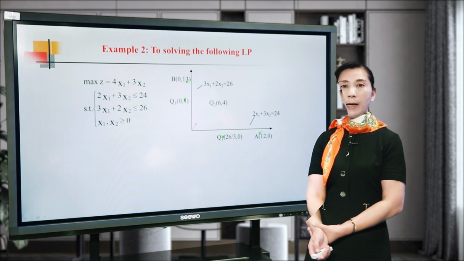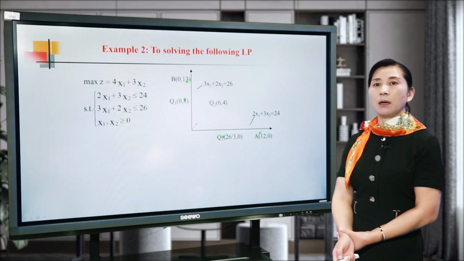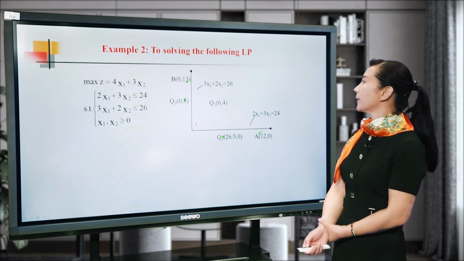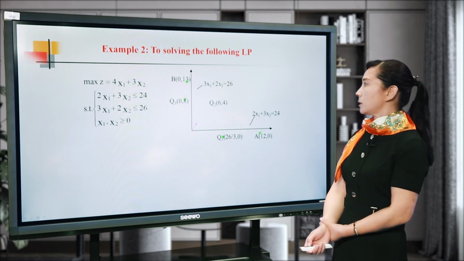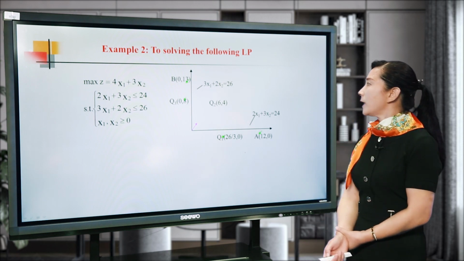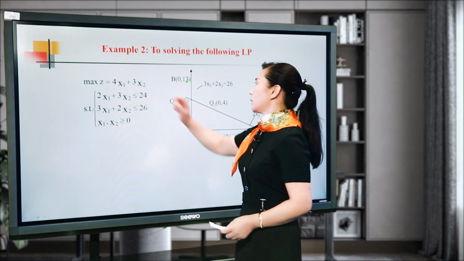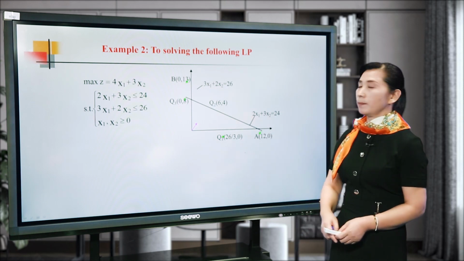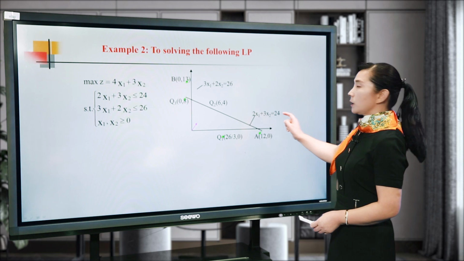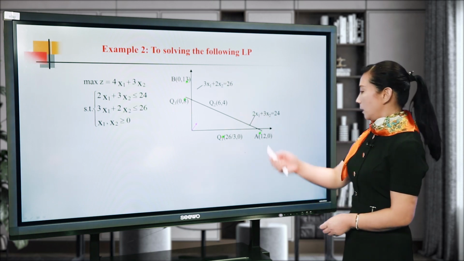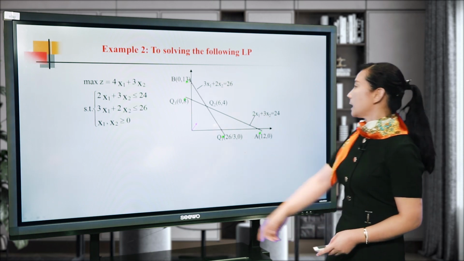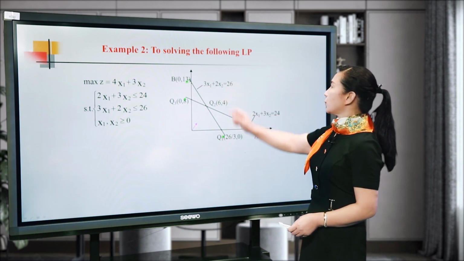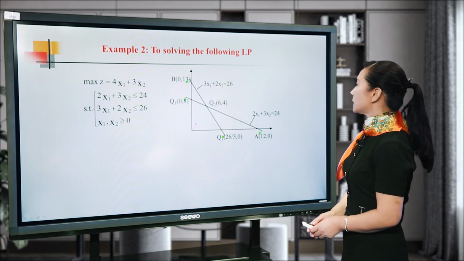We first draw the x-axis and the y-axis on the plane, which is the rectangular coordinate system. And then we draw each constraint line. We set this equal to 24, and we draw this line 2x1 plus 3x2 equal to 24. And we draw the second constraint line 3x1 plus 2x2 equal to 26.